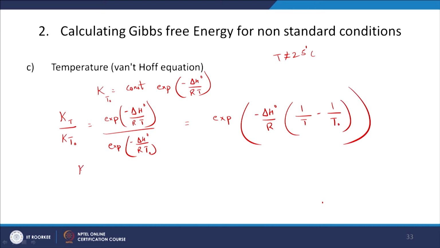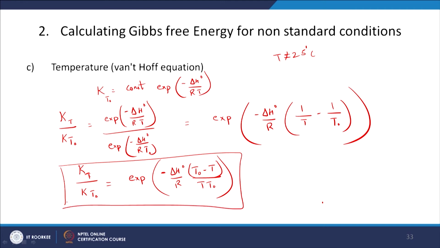So if we simplify further, K T by K T naught is equal to exponential of minus delta H naught by R times (T naught minus T) by T T naught, right, and this is what we have here. So now let us try to understand the system. This is the final equation that we are looking at, right.